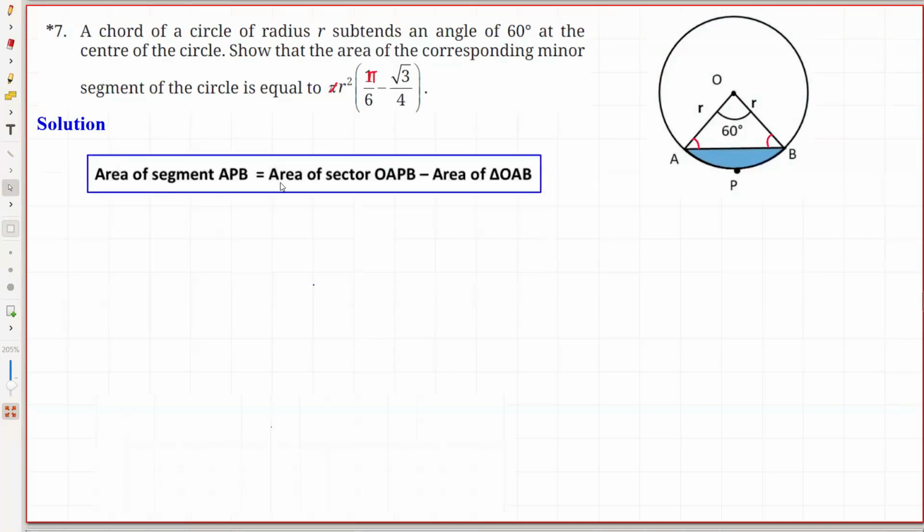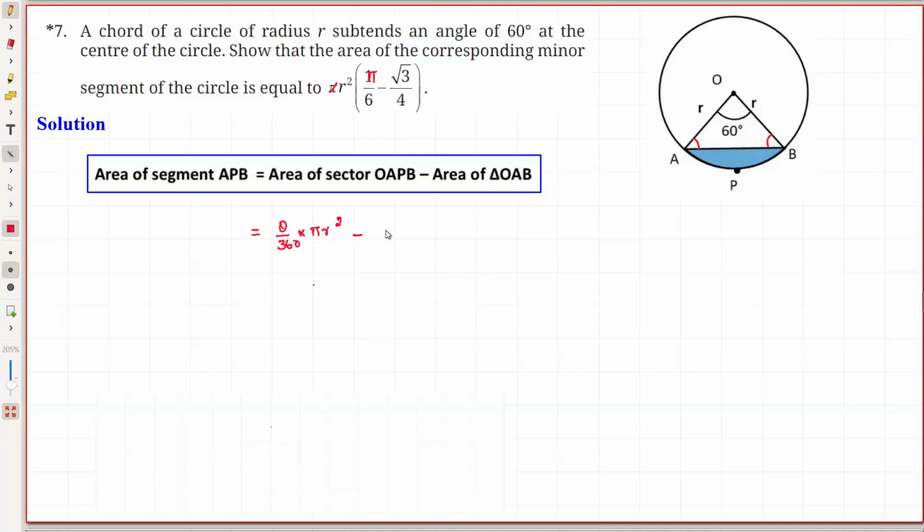So the area of the segment is equal to the area of the sector minus the area of the triangle. First, find the area of the sector: theta by 360 into pi r square, minus the area of the triangle.